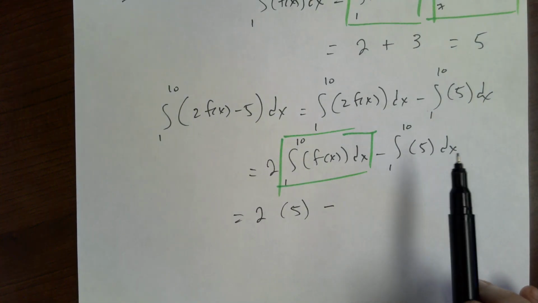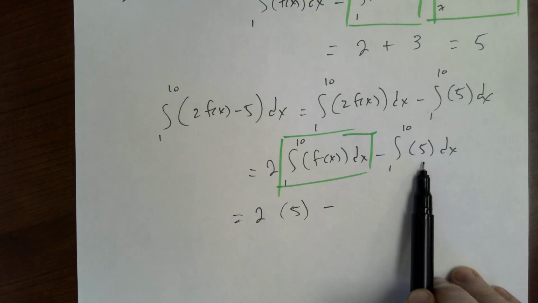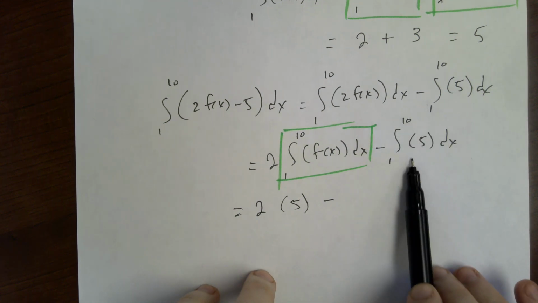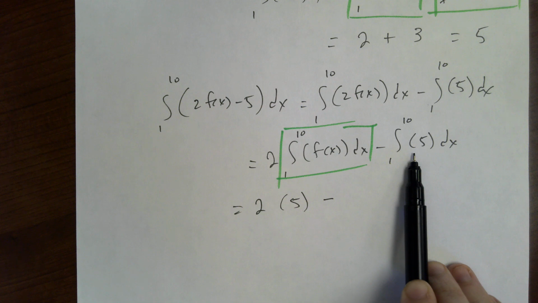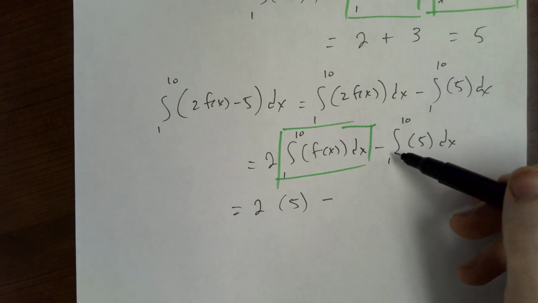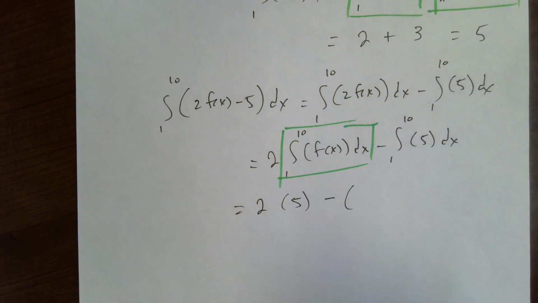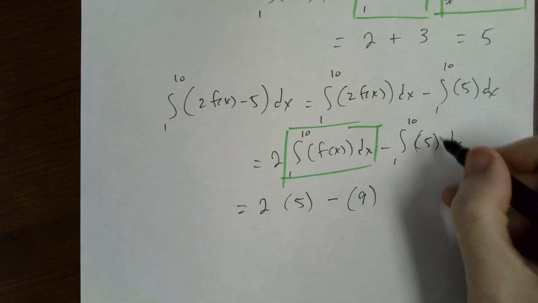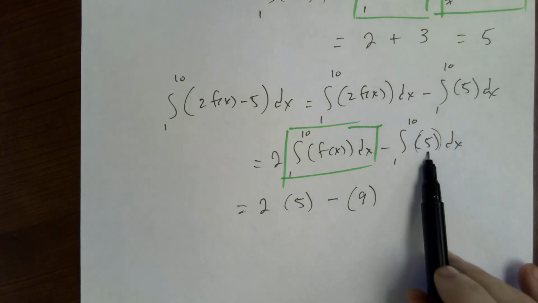Guys, this is the integral of a constant function. So we talked about this last lesson. The area, so this integral here is literally the area of one rectangle. Its base is from 1 to 10. So the base of this rectangle from 1 to 10 is positive 9. The height is whatever constant function is in here.